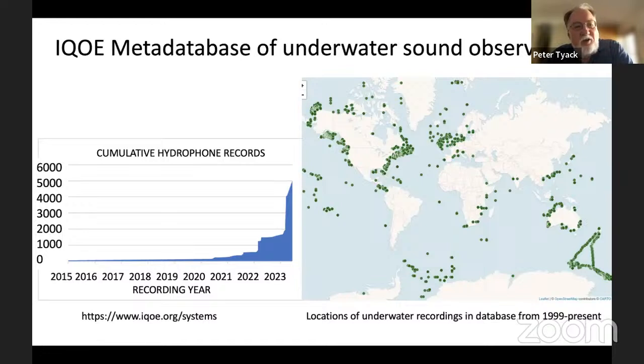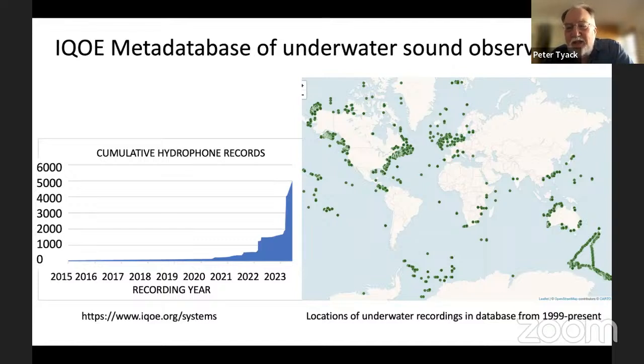The International Quiet Ocean experiment, as part of organizing for the Ocean Sound EOV, has been maintaining a meta database of underwater sound observations. So people who make recordings have reported to the database. It's available on the website you see on the lower left. We now have up to 5,000 records in the current period.